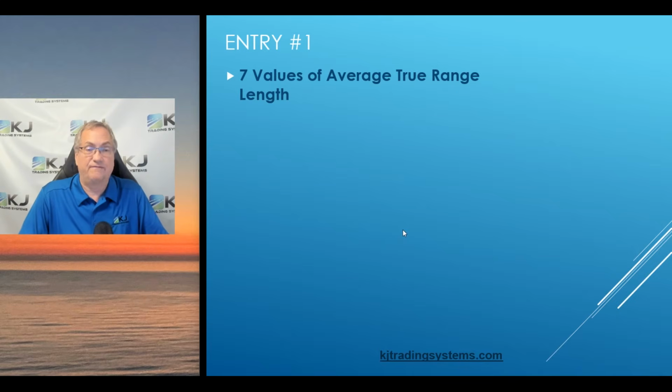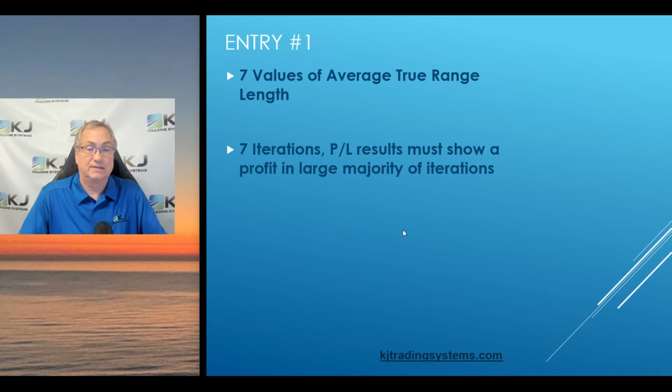I used 7 values of the average true range length as the variable I was optimizing. So that means there were 7 iterations for each combination of bar size and market. And my criteria was that a majority of those results over the 5 years should have a profit to be successful.